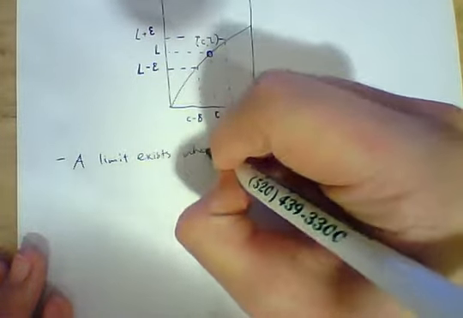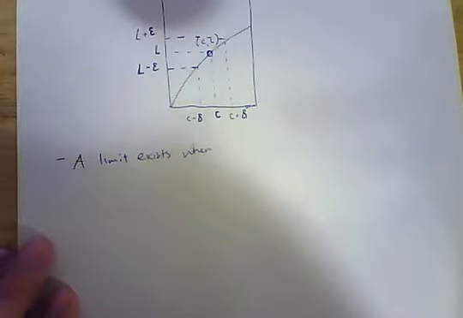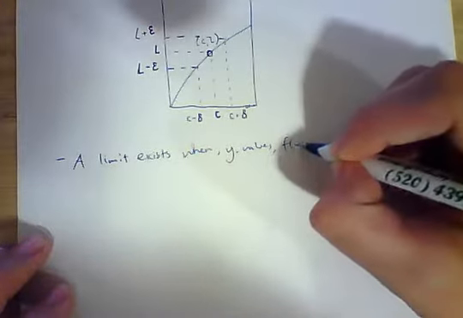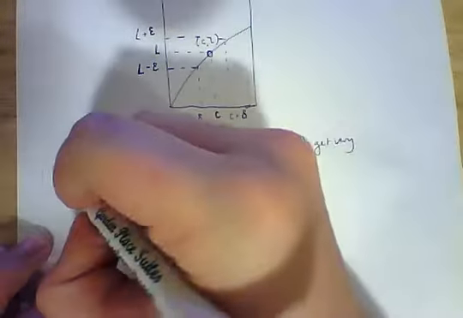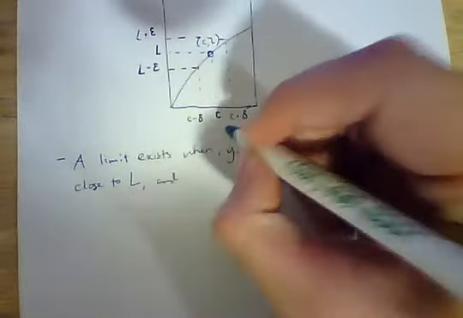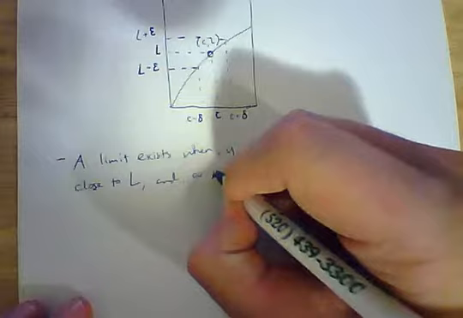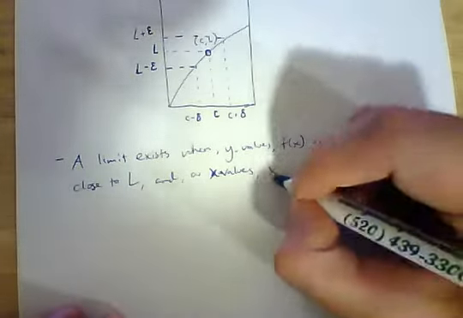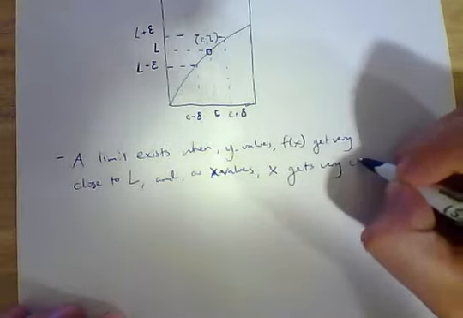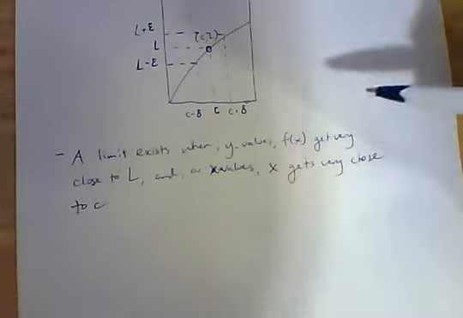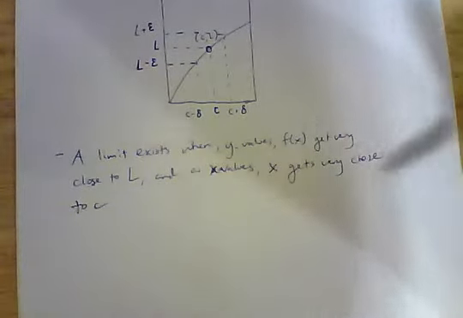We know that a limit exists when our y values, our f of x, get very close to L, that value of our limit, and at the same time, our x values get very close to C. And typically we know in that limit notation, on the bottom of the word lim, we have the x and the arrow C, as x gets very close to C. We know that that's what that means.